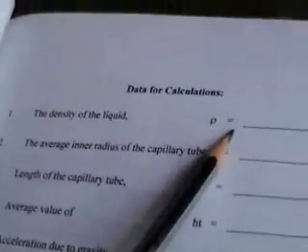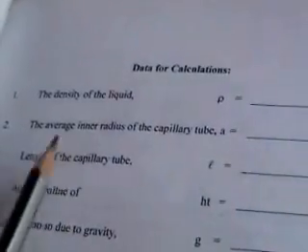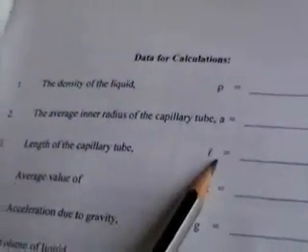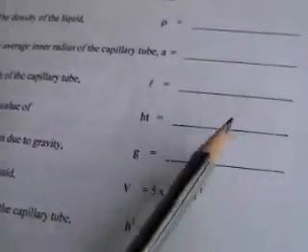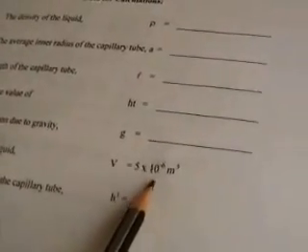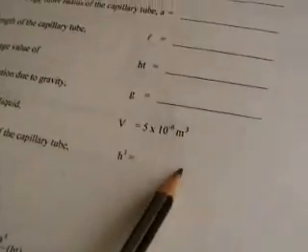The data for calculation is recorded like this: density of the liquid rho, average inner radius of the capillary tube A is given to you, length of the capillary tube is measured by you, average value of H into T is from the tabulation, acceleration due to gravity G is 9.8 meter per second square, volume of the given liquid is V equal to 5 into 10 power minus 6 meter cube. Outer radius of the capillary tube H prime is written here. If you want you can write this, otherwise in the tabulation itself you can finish it off.